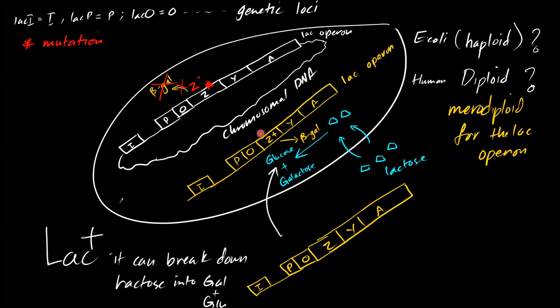Okay? This is why the phenotype of this allele is dominant over this allele. So the bacteria can utilize lactose. Okay? Is it clear? Yes. Good.